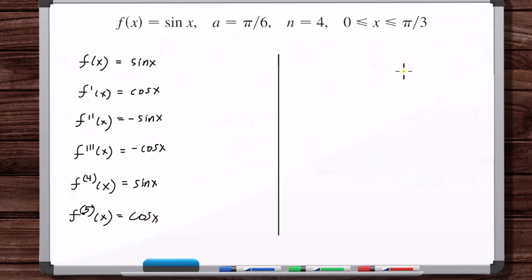Now we want to come to the right column and plug the center point in to each of these. Well, except for the fifth, we can skip the fifth when plugging in the center point.